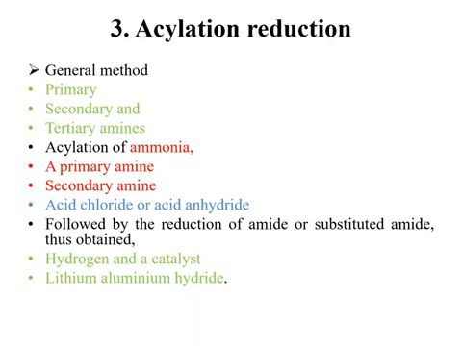A derivative is a molecule that can always be prepared from a parent molecule. It cannot be prepared directly. I can give you a very simple example. You have studied chlorination of methane in the chapter of hydrocarbons.